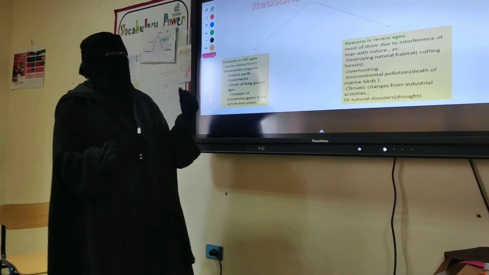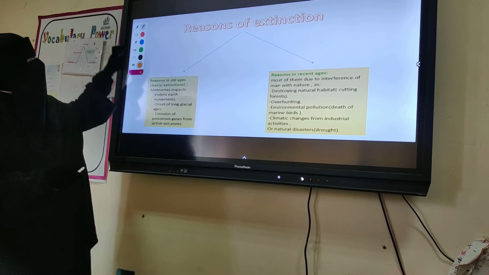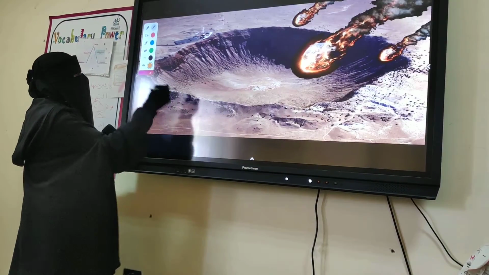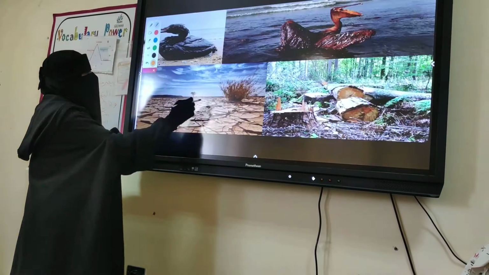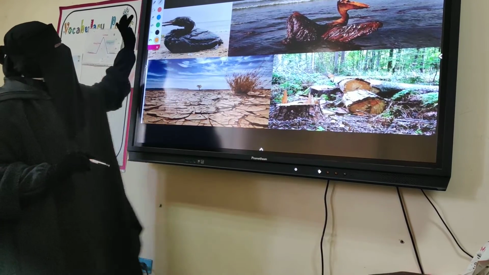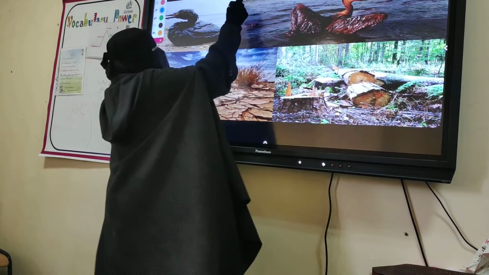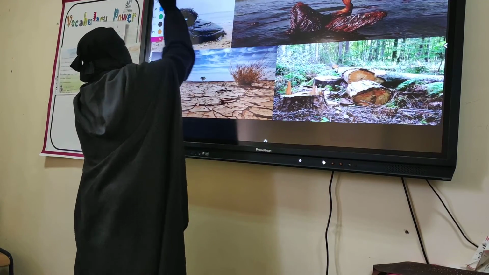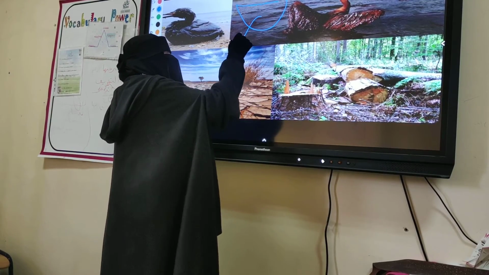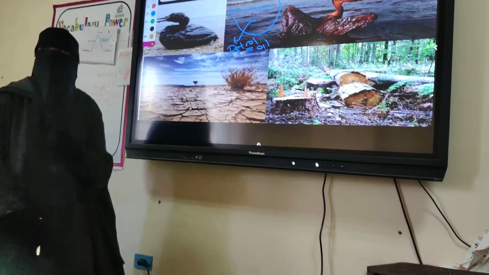Okay? One of the reasons is environmental pollution, as what? Death of marine birds. Now, besides cutting forests, as we said, if there is a ship that transfers petrol from one place to another, petrol is an oil, yeah?